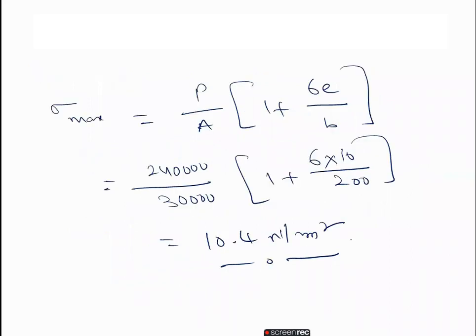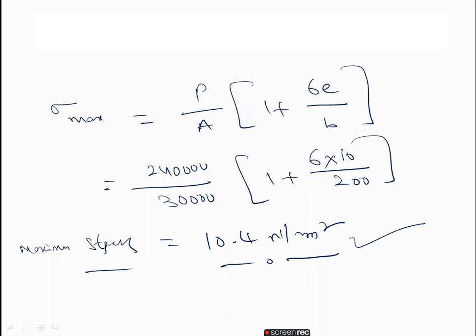The maximum stress formula is P by A into 1 plus 6E by B. P is 240,000, A is 30,000, multiplied by 1 plus 6 into 10 by 200, where B is the width 200. We got the maximum stress value as 10.4 Newton per mm square.